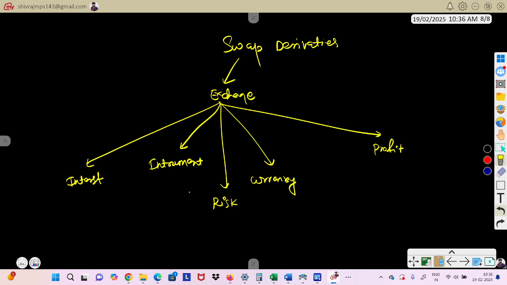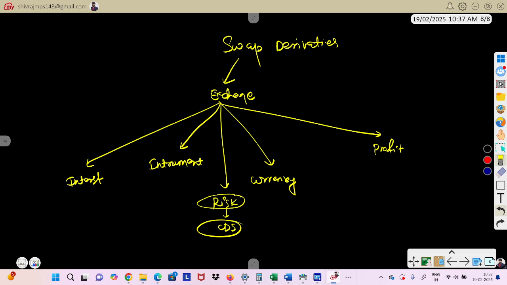This risk part we have already discussed, which is insurance. You can take insurance for your investment, which eventually becomes CDS, credit default swap. If something happens to investments, then the insurance company can reverse that claim.